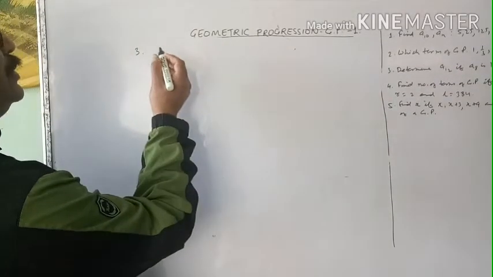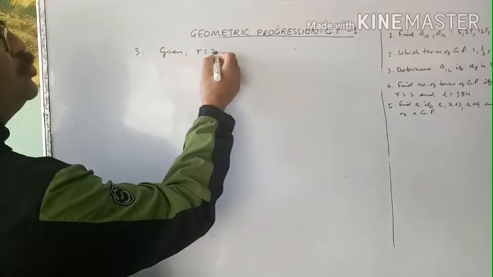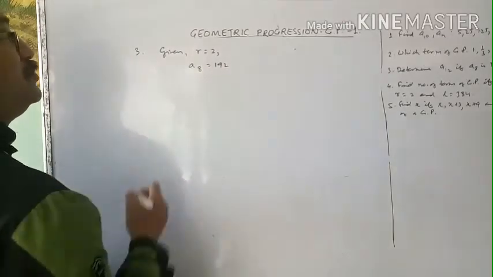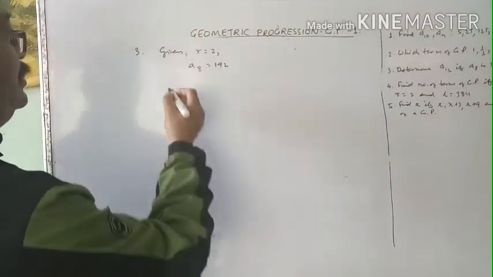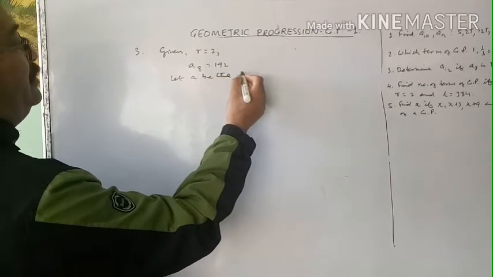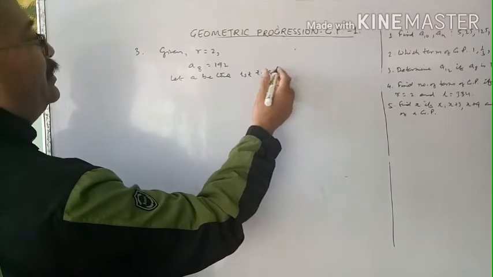So given r equal to 2 and A8 equal to 192. Okay, so let A be the first term.